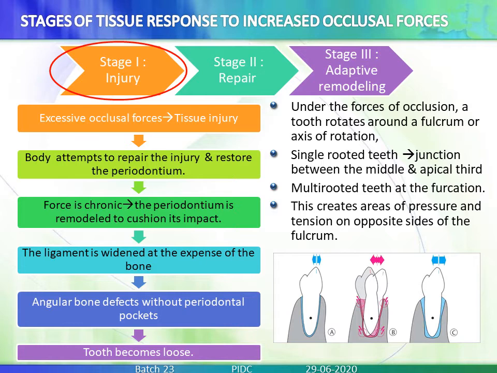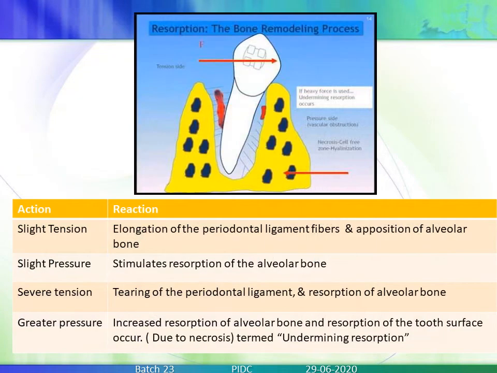You will be able to understand this line better with the help of the next slide. You can see that in this case there is an orthodontic bracket which is present, and there's an orthodontic force which is applied in this direction. The direction where the force is being applied is said to be the tension side. Why it is said to be the tension side, we'll be dealing with.